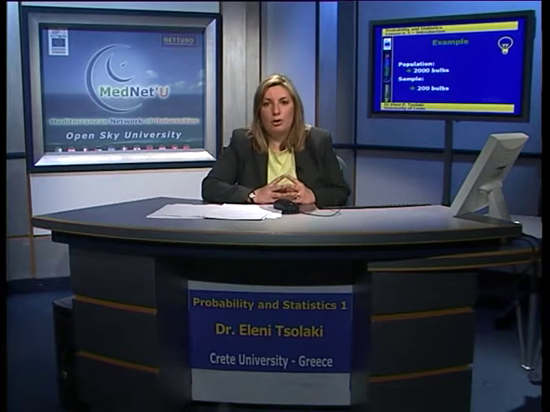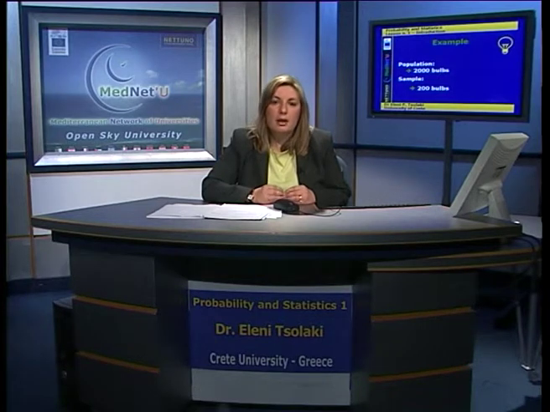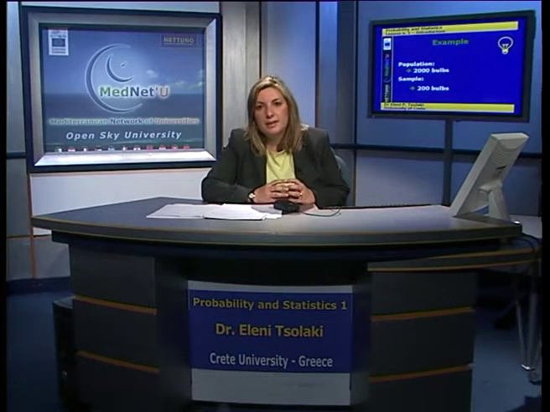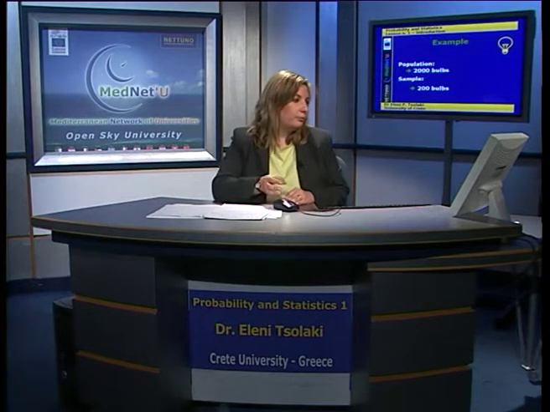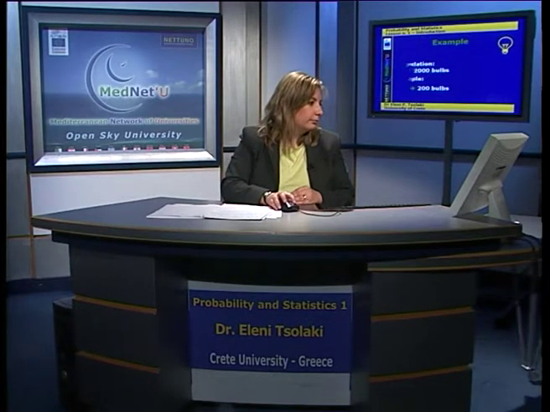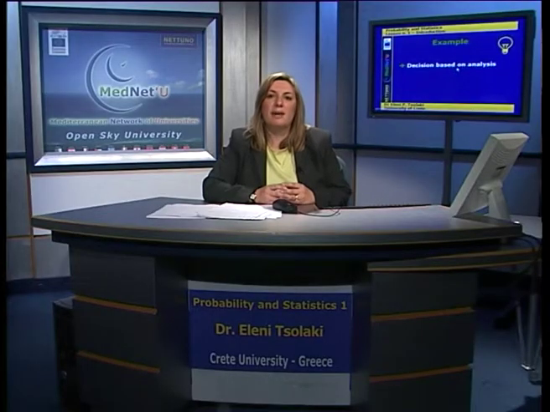We would like to know that if we repeat the same experiment, then we can be confident that we are going to reach the same conclusions. So, the 200 bulbs are tested for duration, and we make a decision. The decision we make is based on this analysis.